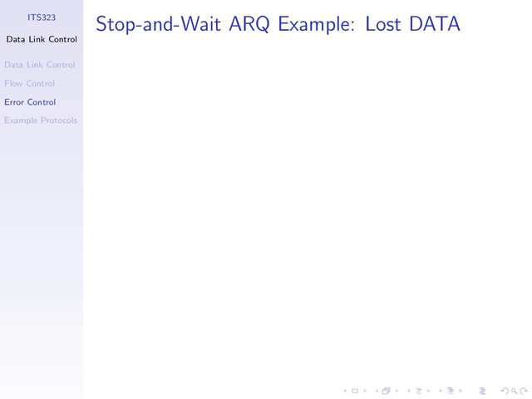Choosing a good timeout value is not easy. But in general, it should be larger than the time it takes to receive the ACK in the normal case. It should not be too large, because if it's very large, if we lose data, we'll wait a long time before we retransmit. So that's the trade-off there. Large enough to give B a chance to respond, small enough such that if we lose data, we don't spend a lot of time waiting.